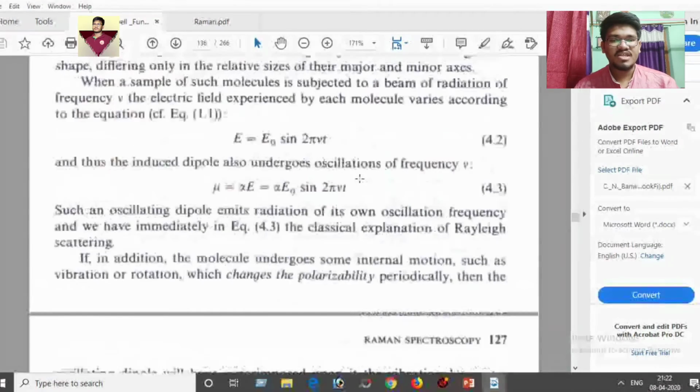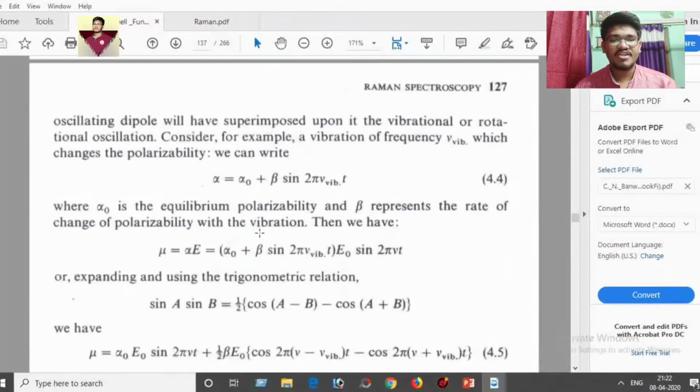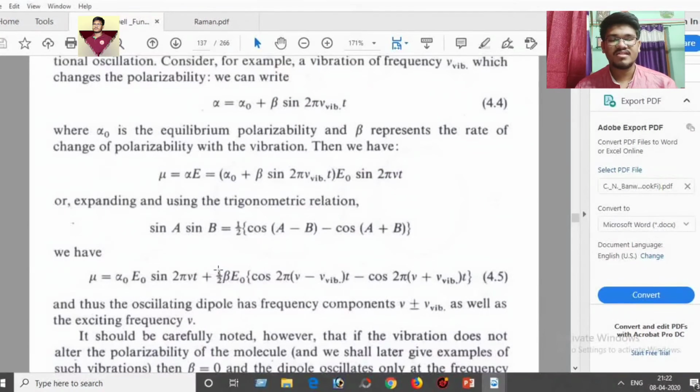Now if you put this alpha equal to this equation into the previous equation, mu equal to alpha into E, then you can easily get this equation, and then you can expand it using the sin A sin B formula. Then you can see in the first part alpha 0 E0 sin 2 pi nu t.